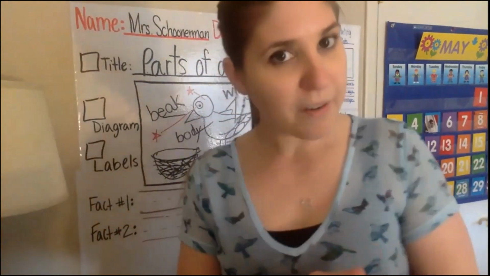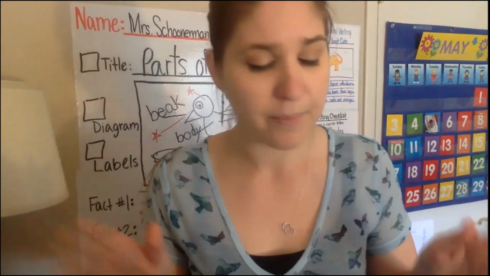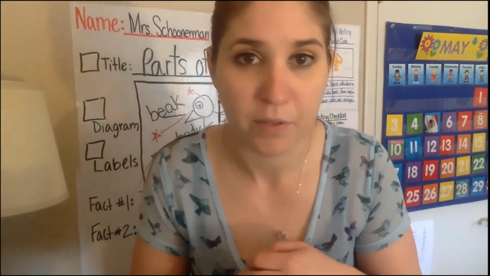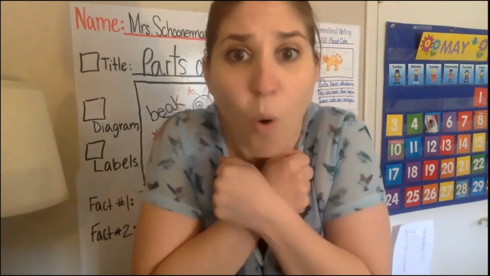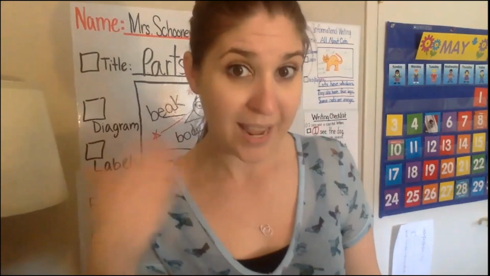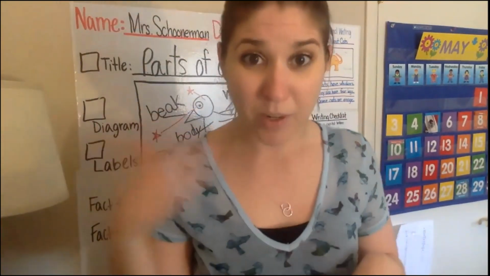So you could write a fact about birds. Feathers can be all sorts of different colors. You could write that birds live all around the world in different places. Some birds live in cold climates. Other birds live in the tropics, like the toucan, the one with the big orange beak. He lives in the tropics where it's hot.